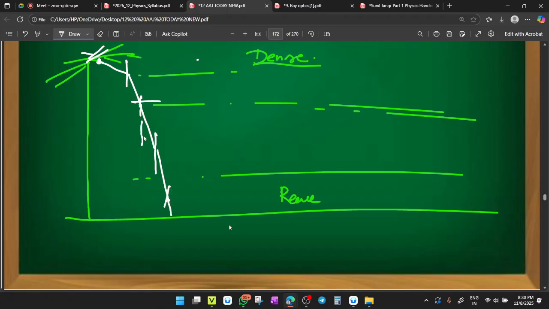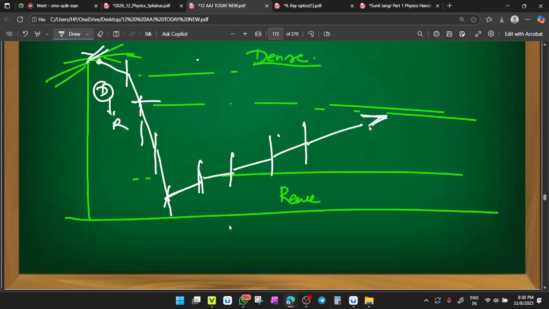At some place, the light rays keep bending towards the normal, denser to rarer. At some place, total internal reflection will take place, and the light ray continuously goes away from the normal. Now, if the light ray enters the eye of the observer, he will see the virtual image of the tree, like this here.